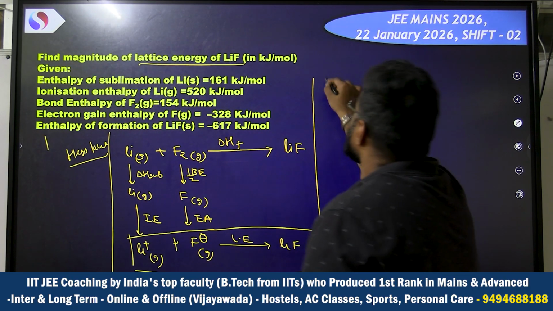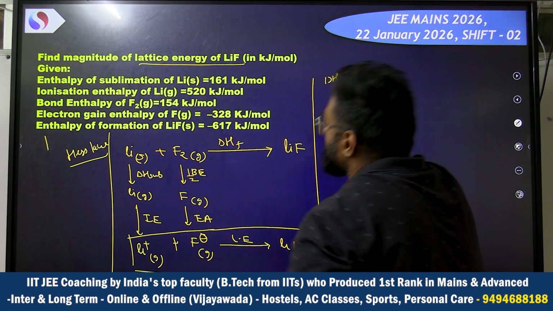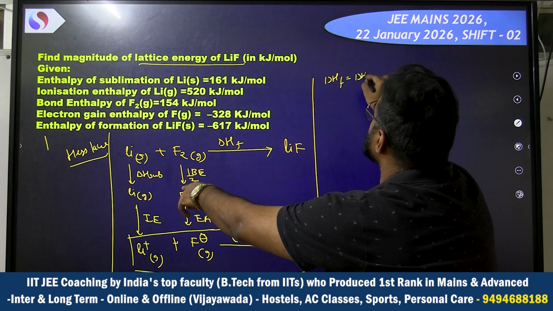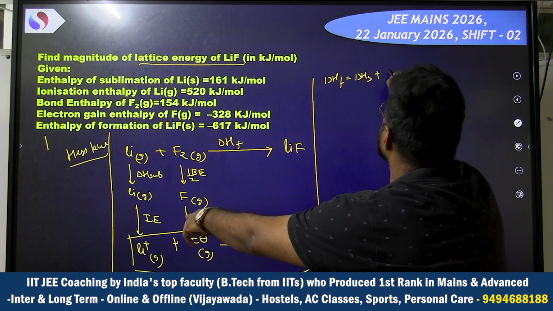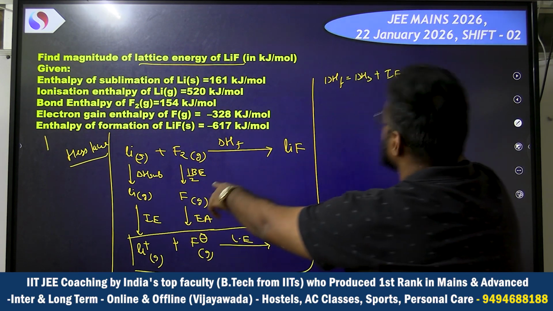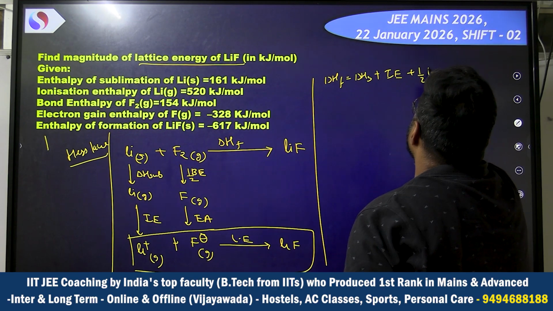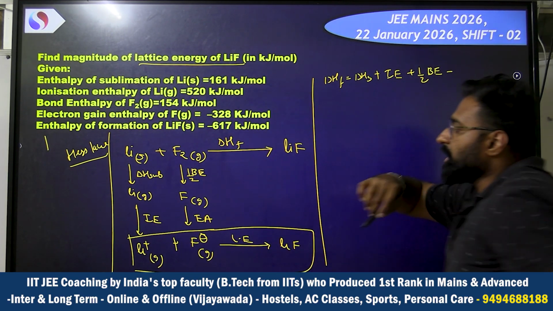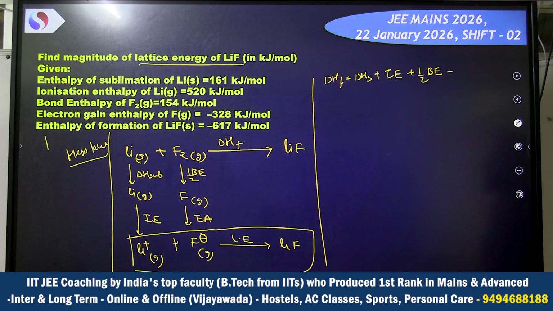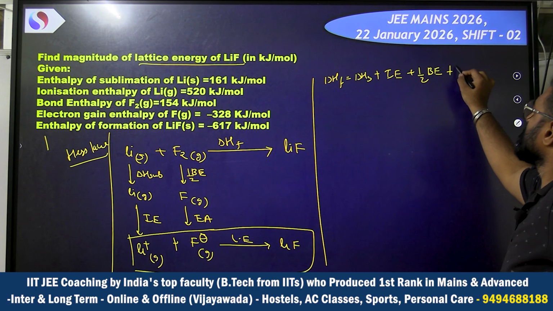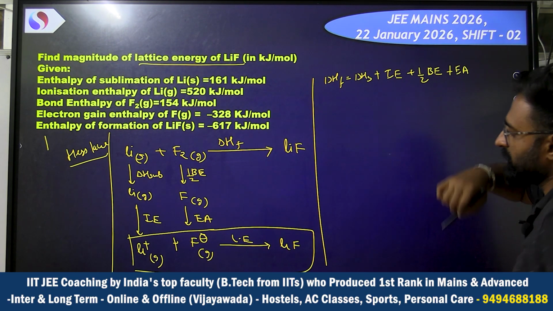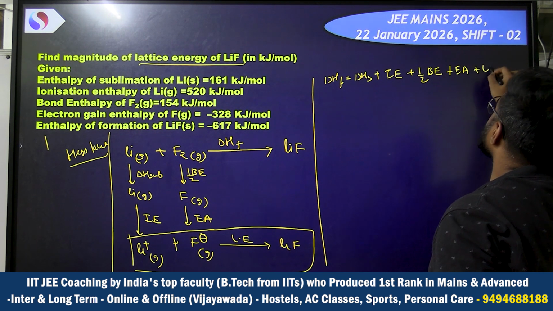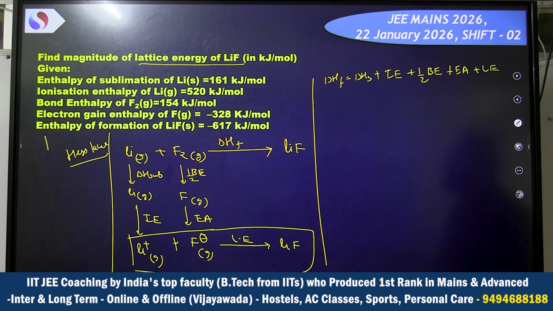So delta H of formation is equal to delta H of sublimation plus ionization energy plus half of bond energy minus, now electron affinity is always negative in nature, meaning it is already negative value given, and lattice energy. Correct? This becomes our Hess law formula.